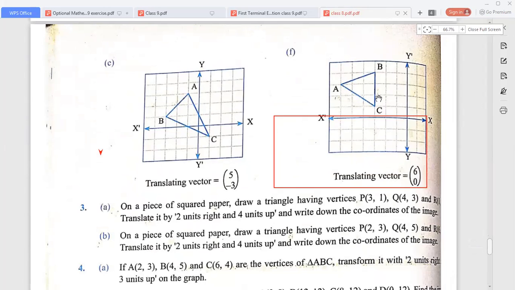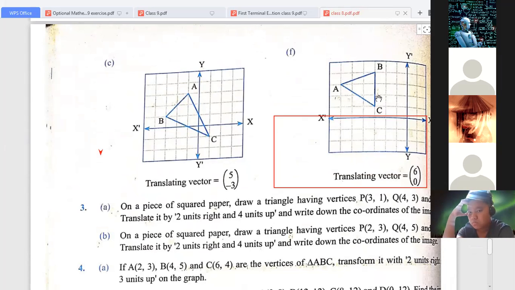Okay, Mr. Reason Adhikari will say what is the meaning of this translation vector. Mr. Reason, please tell me what you mean by this translation vector. Sir, 6 units right, 0 units up and down. And then, sir, 0 means staying in the same place.